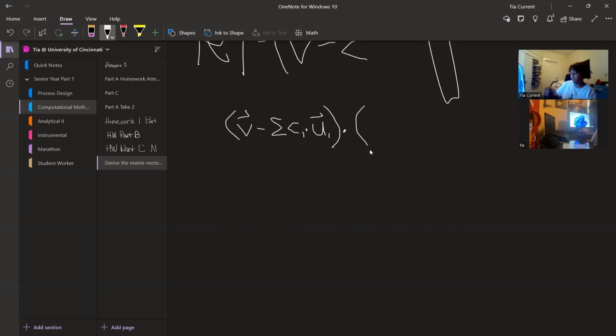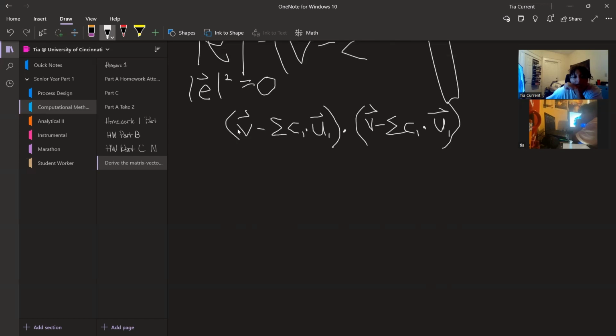I'm going to get carpal tunnel doing this. V minus summation of C1 dot product to U1. Eventually we want our sum squared error to be equal to 0 to minimize it.